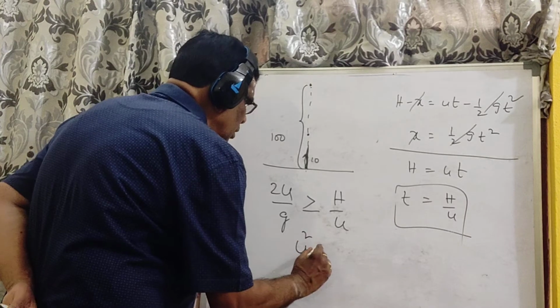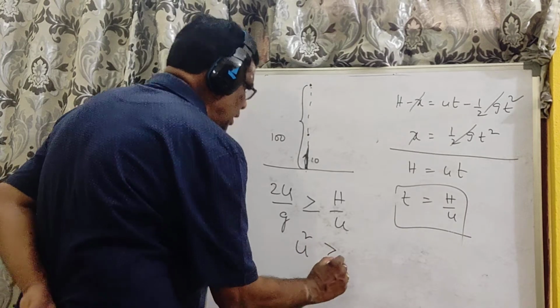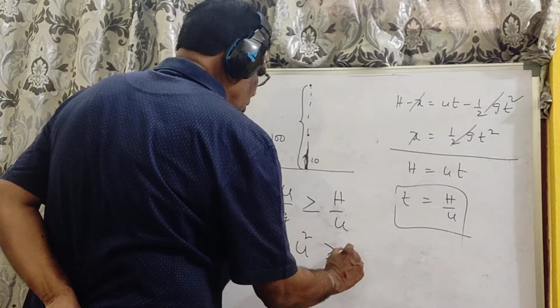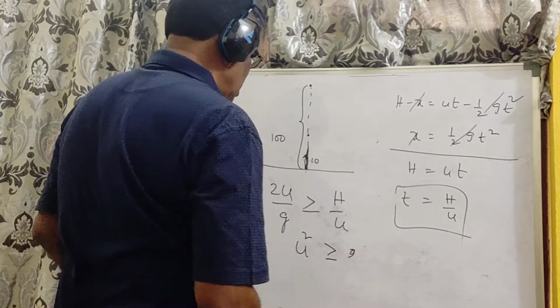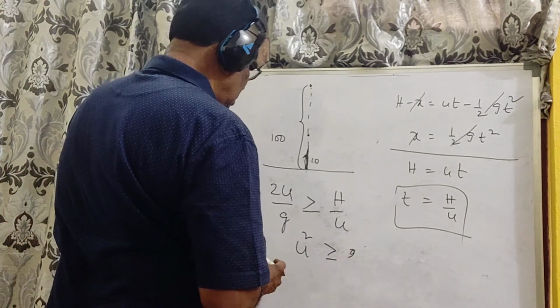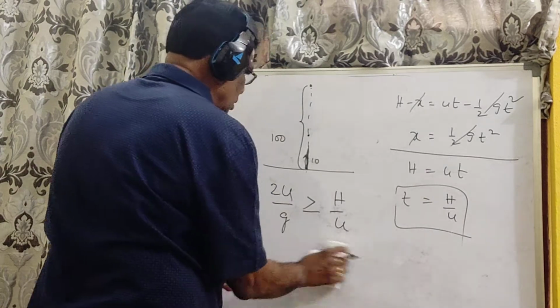Therefore, you have 2u by g is greater than or equal to h by u, right?